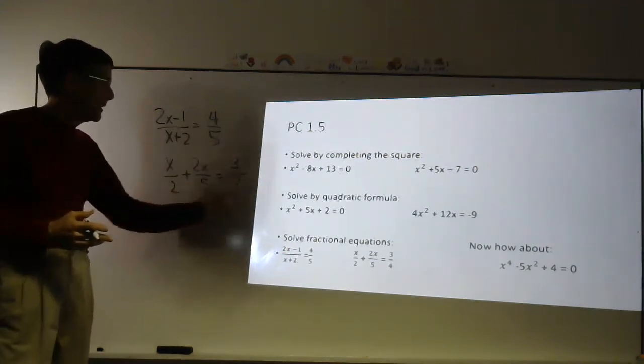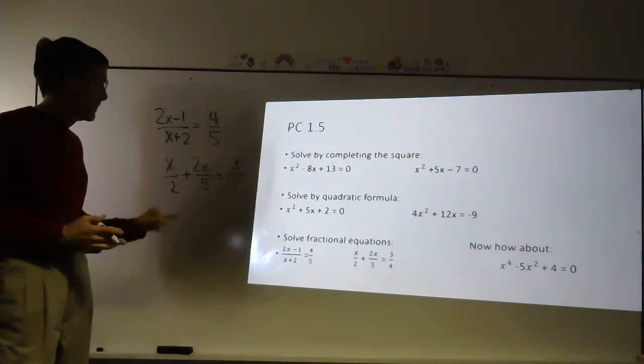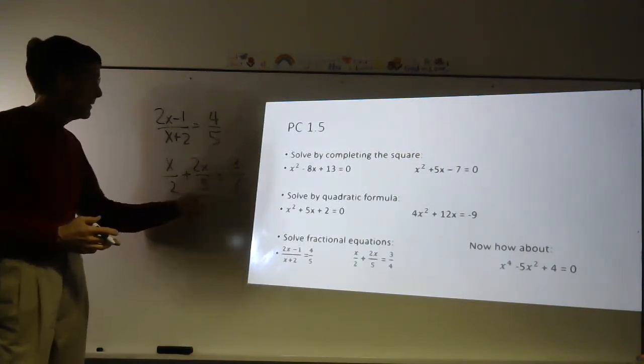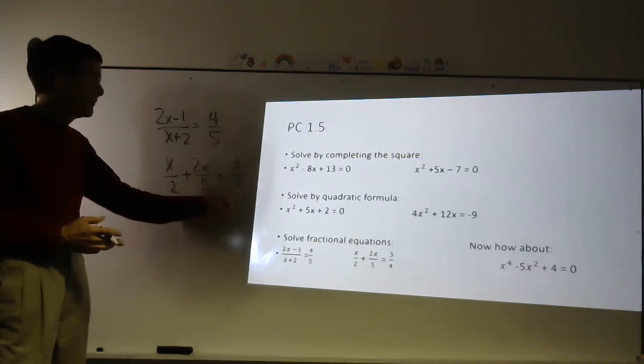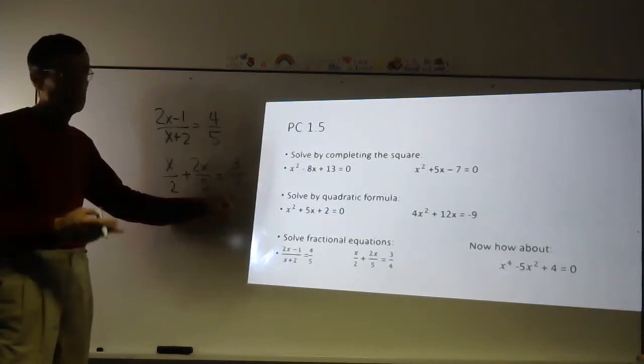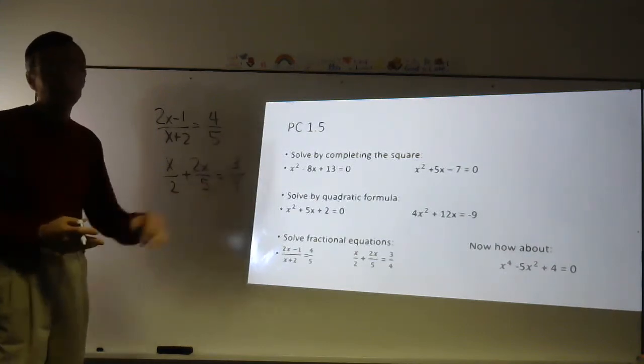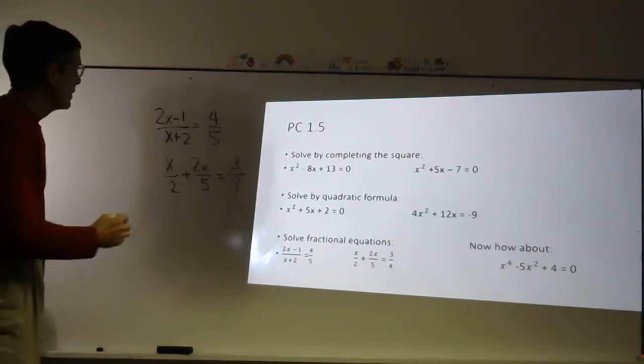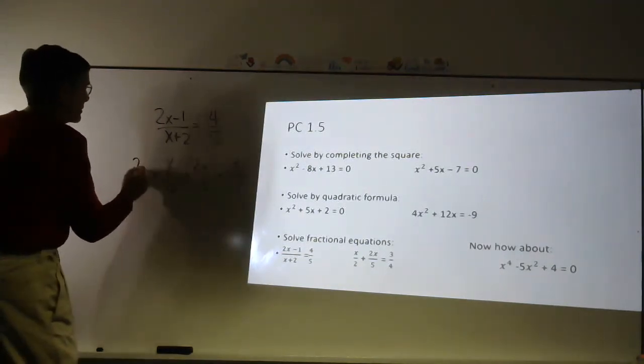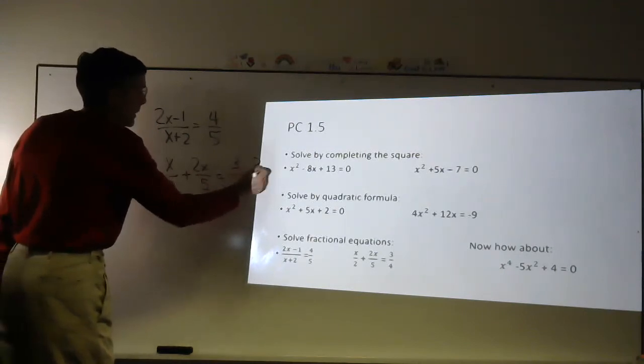What's the common denominator for 2, 5, and 4? I need a 2. I need a 5, that's 10. But for the 4, I need another 2. So it should be 20, should be the common denominator for all three of those. So let's multiply both sides by 20.